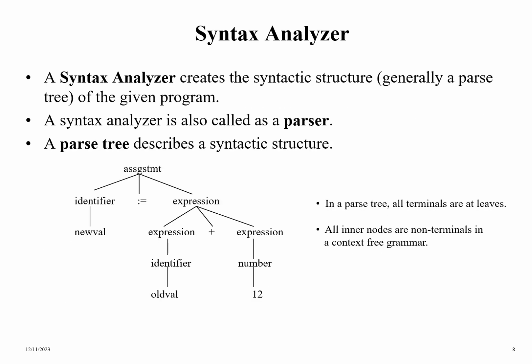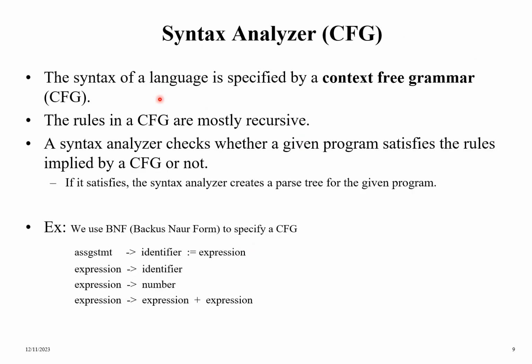Coming to the syntax analyzer, as mentioned, it's a parser. It creates a syntactic structure of a given program. Syntax analyzer is also called a parser. This is the structure of a parse tree. The syntax of a language is specified by the context-free grammar. The rules of a context-free grammar are mostly recursive.